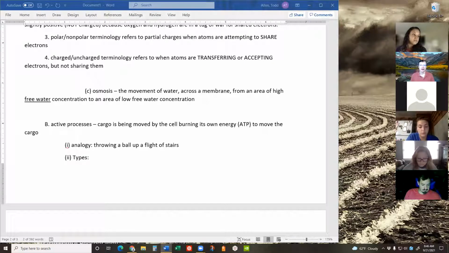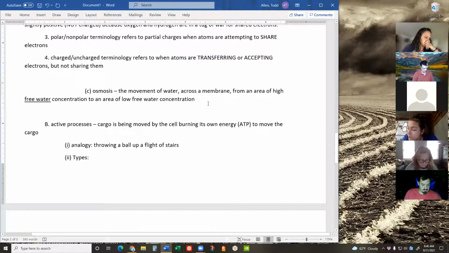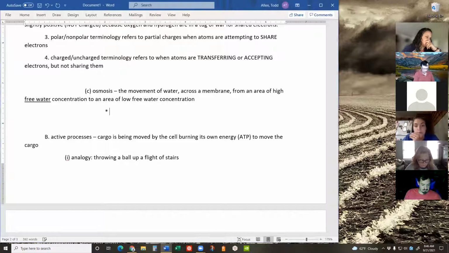Okay. All right, folks, what I mean by free water is water that is not interacting with the solute. If it's not interacting with the solute, it is free. Free water refers to water that is not interacting with a solute.